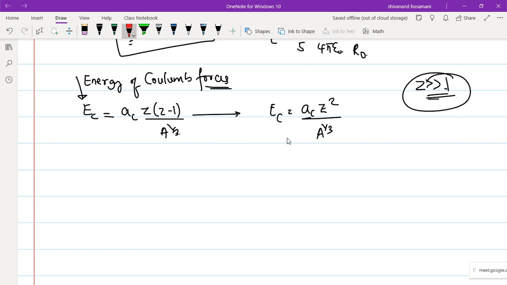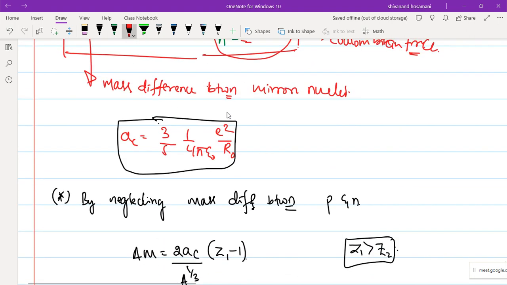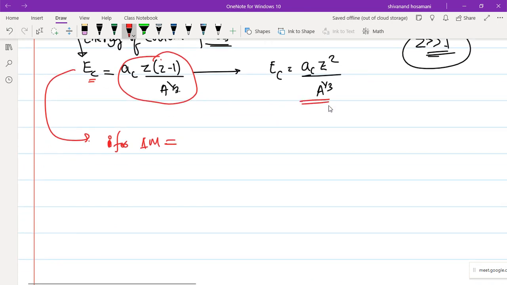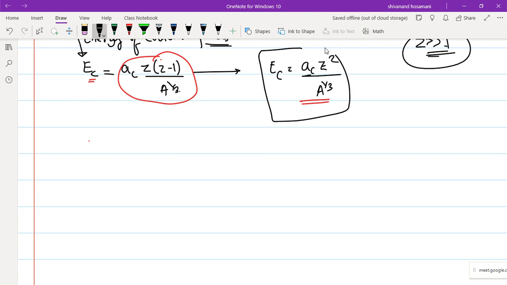And using the same thing, if you take the mass difference between the mirror nuclei, delta m, treating it this way, we get a mass difference different from Z1 minus 1, since I treated Z minus 1 as Z square.